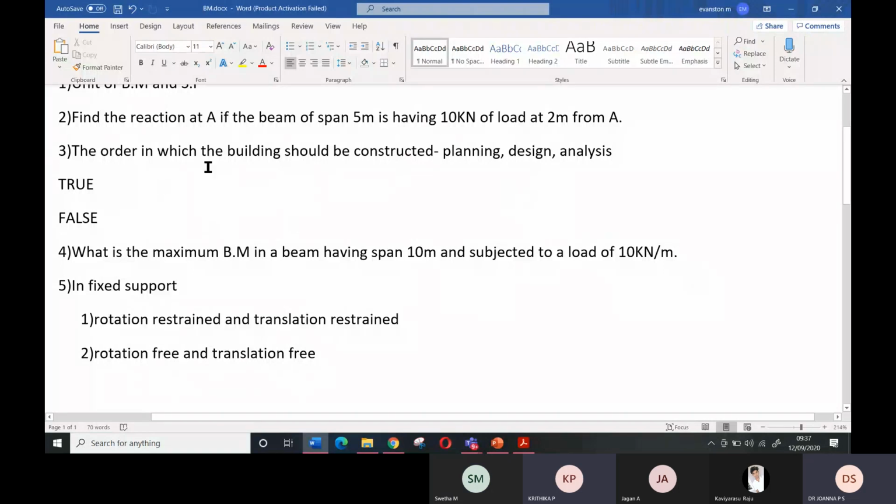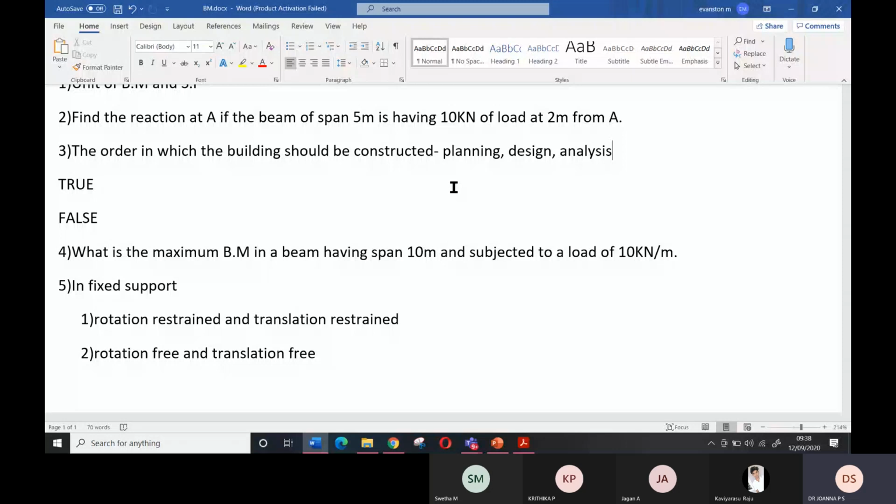Then third question. Colors, what is the third question? It is true or false? False, ma'am. Why?